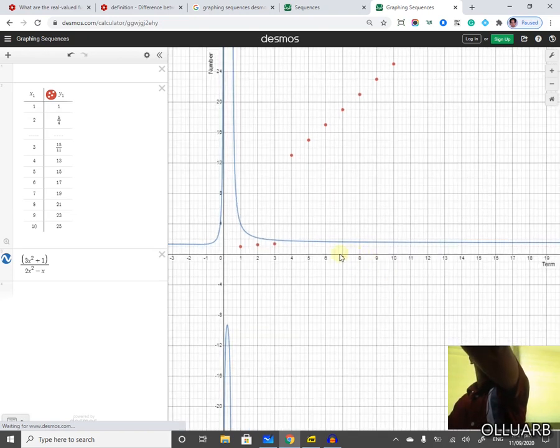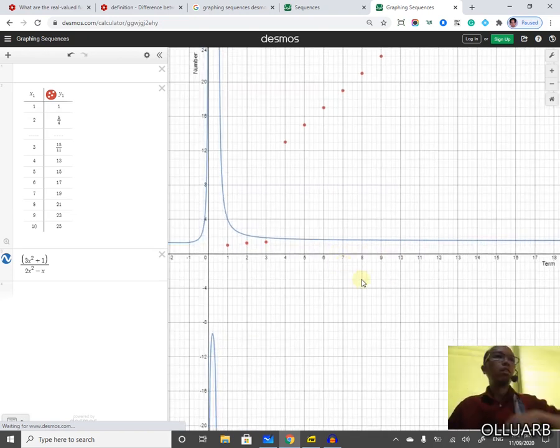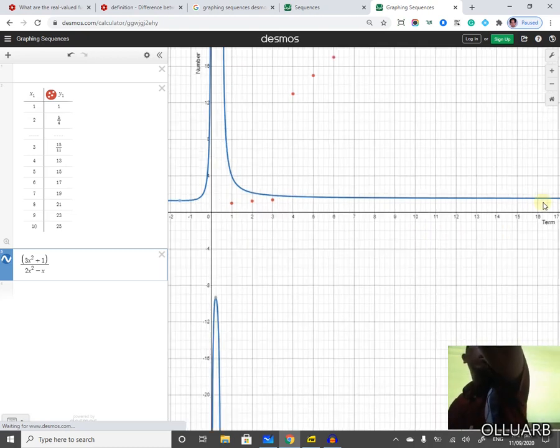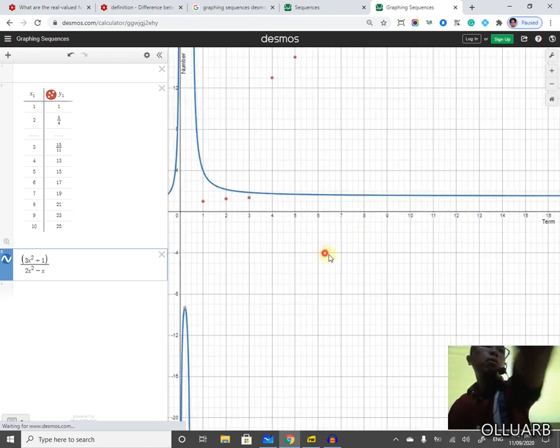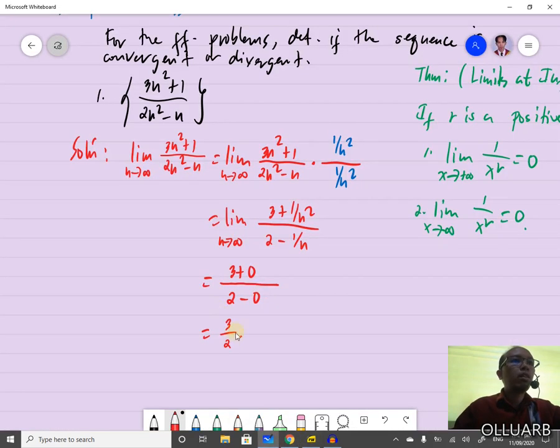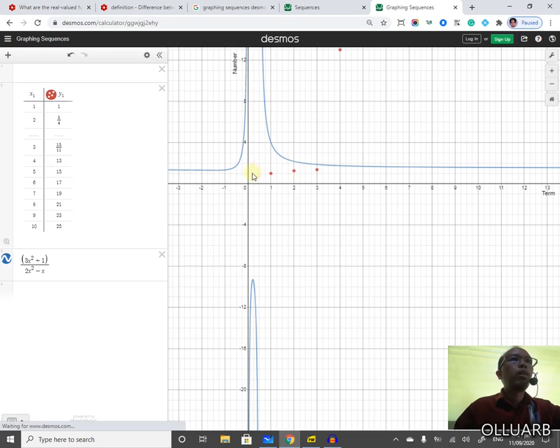As you have noticed, since we start with 1, there must be a dot here. And as you have noticed, it really approaches our limit, 3 over 2, which is 1 and 1 half.